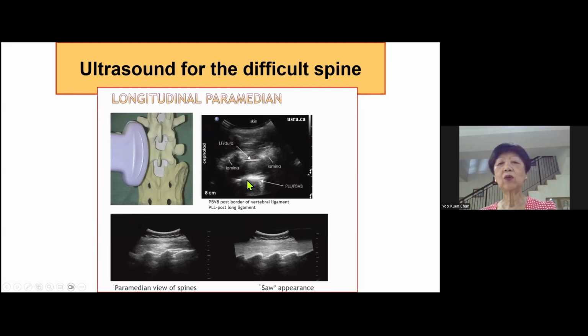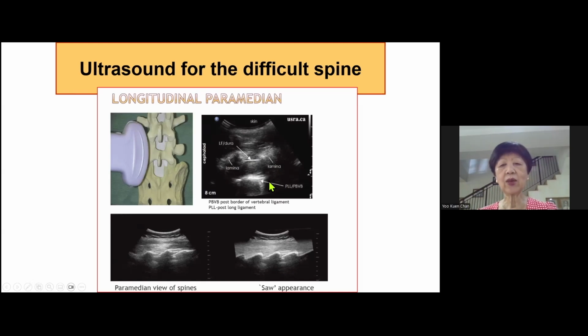Two lines will appear when you put the probe at the correct area. In the paramedian view, which is this one, you will see the dura as well as the posterior longitudinal ligament. But this one is the other way around, and this will be very obvious.